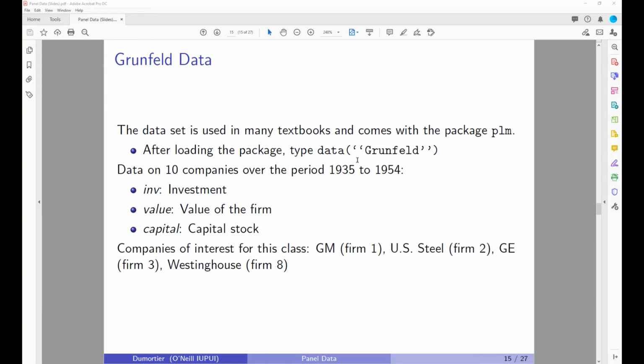Now, for this exercise, we are just going to focus on 4 firms: GM, US Steel, GE, and Westinghouse. In the data set, those firms are coded 1, 2, 3, and 8.